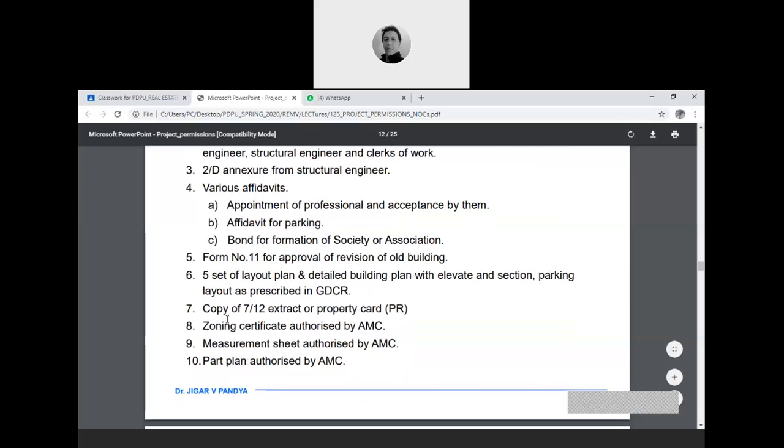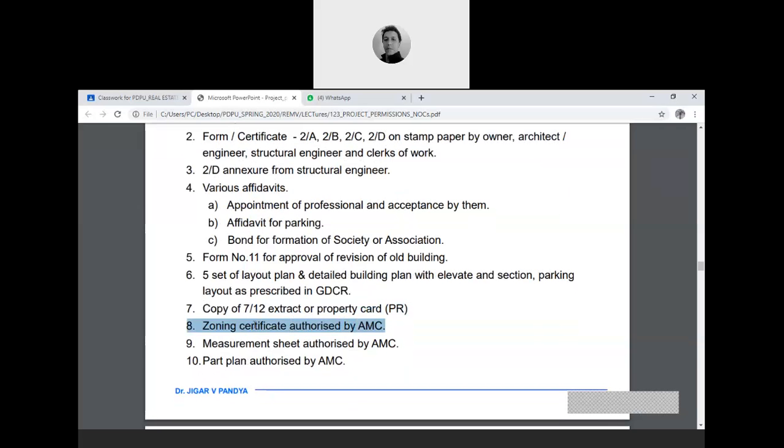So you need a zoning certificate from the Ahmedabad Municipal Corporation, and what the certificate specifies is that this particular land where you are developing is in a certain zone, and whether that zone permits whatever you are constructing.